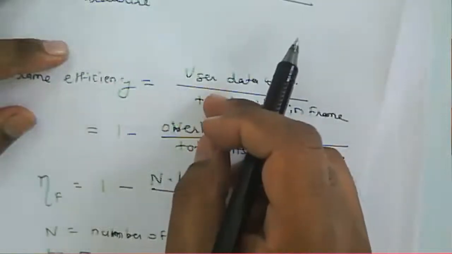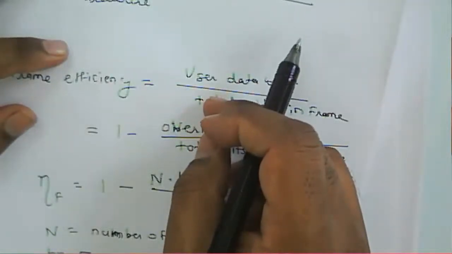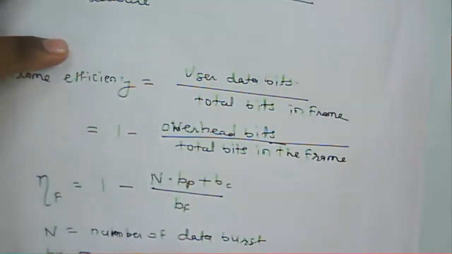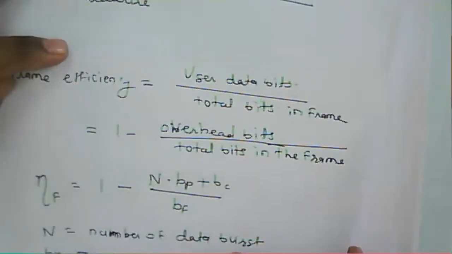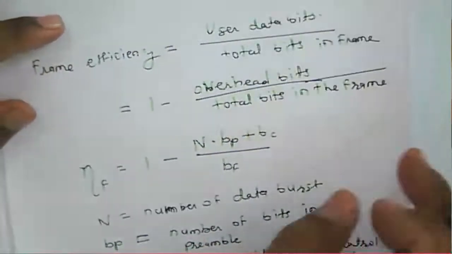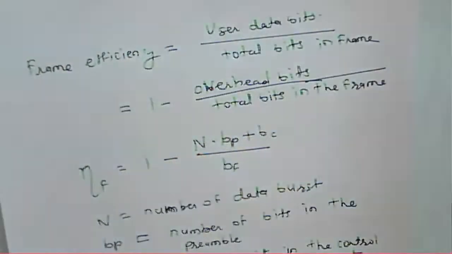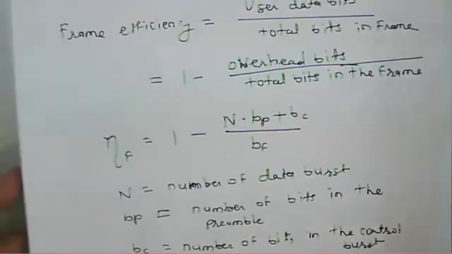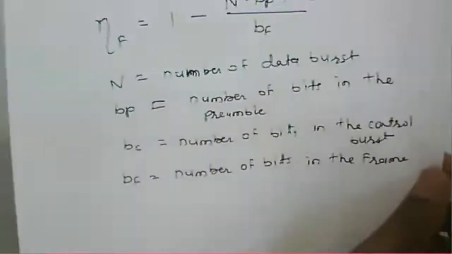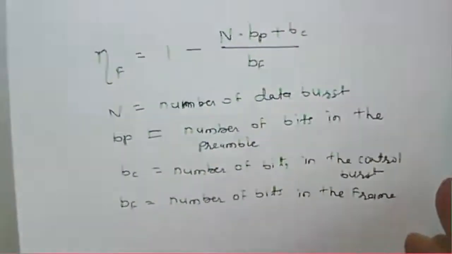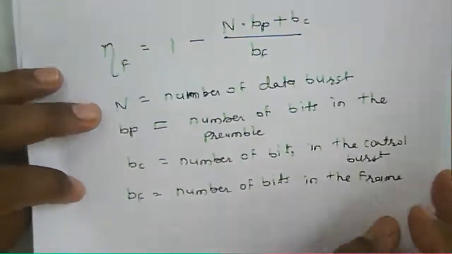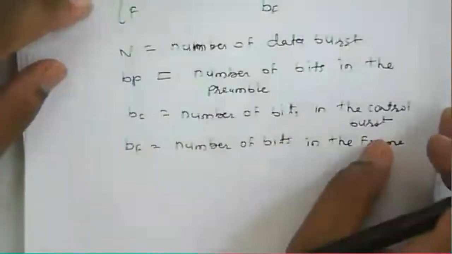Frame efficiency is nothing but what percent of the data is transmitted, and in actuality what the information utilization is. With this, we come to the end of TDMA.